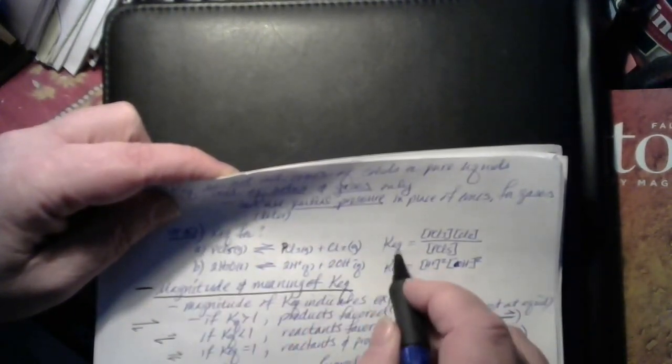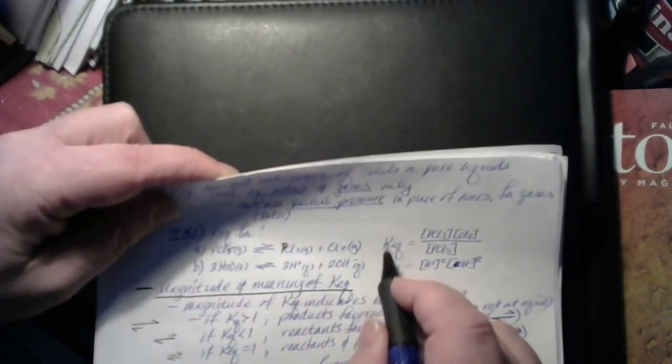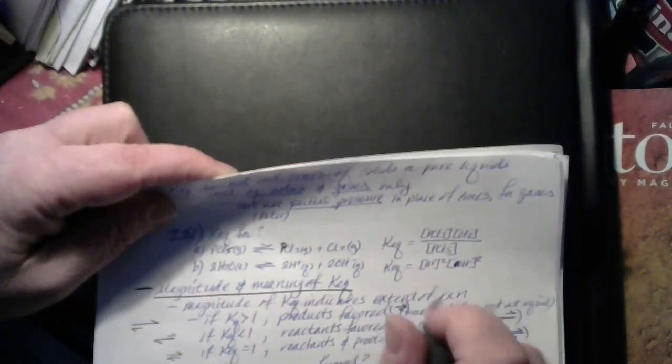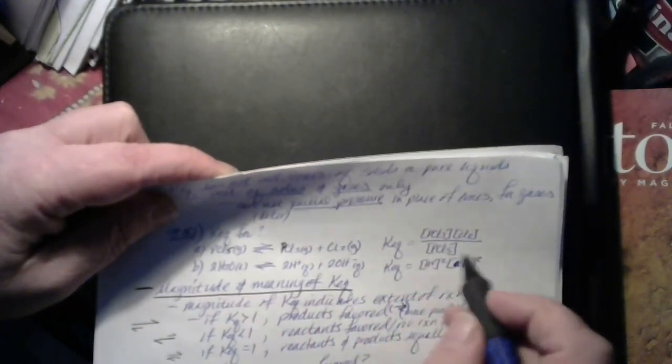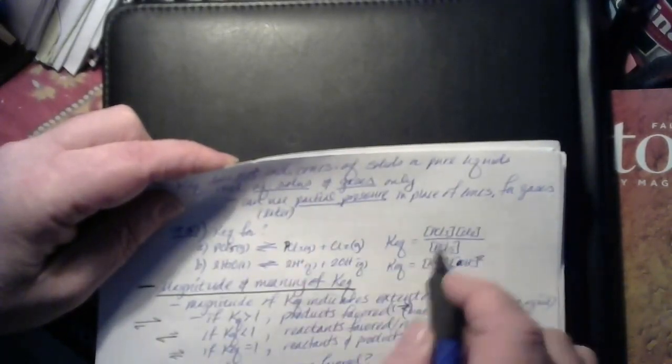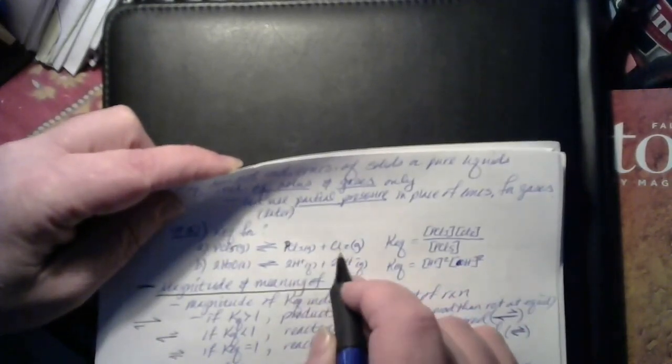And so KEQ, the book usually just calls this capital K, but since sometimes it's hard to tell whether it's a capital K or a lowercase k when you're writing by hand, I will very often put the EQ after it. And so KEQ will be products over reactants. All the coefficients here are 1, so all the exponents will be 1. And it's just the concentration of PCl3 times the concentration of Cl2 over the concentration of PCl5.